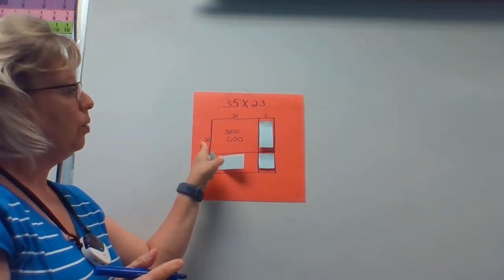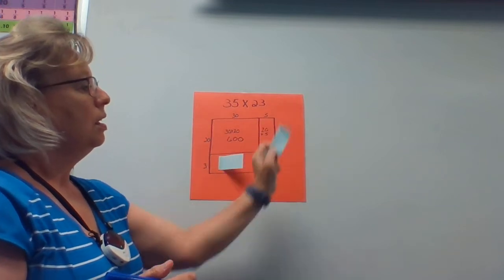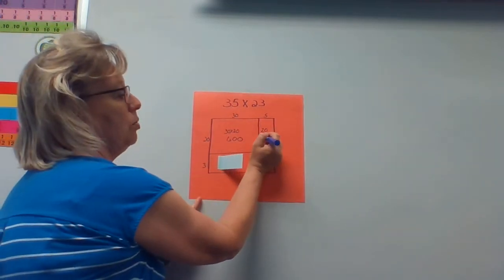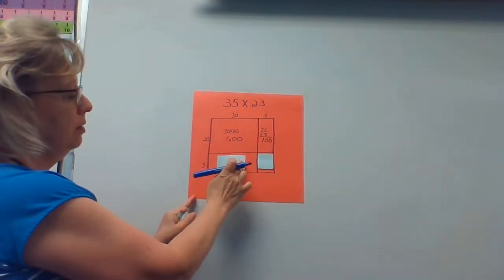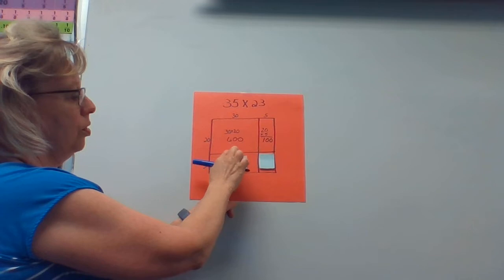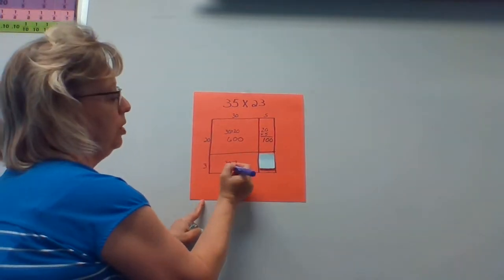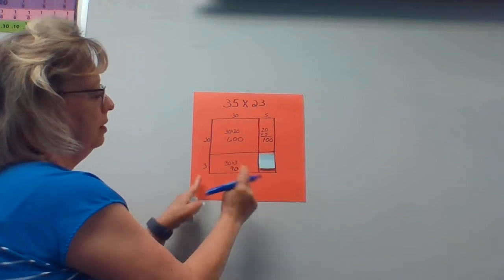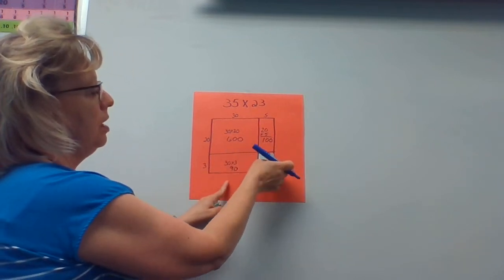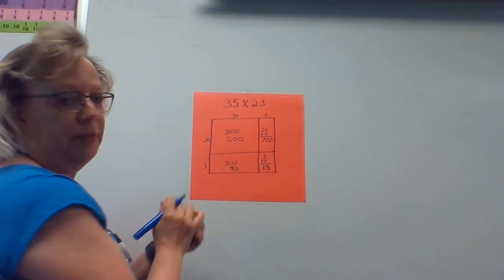Then I have 20 times 5, which would be 100. This line is still 30. So 30 times 3 would be 90. And 5 times 3 is 15.